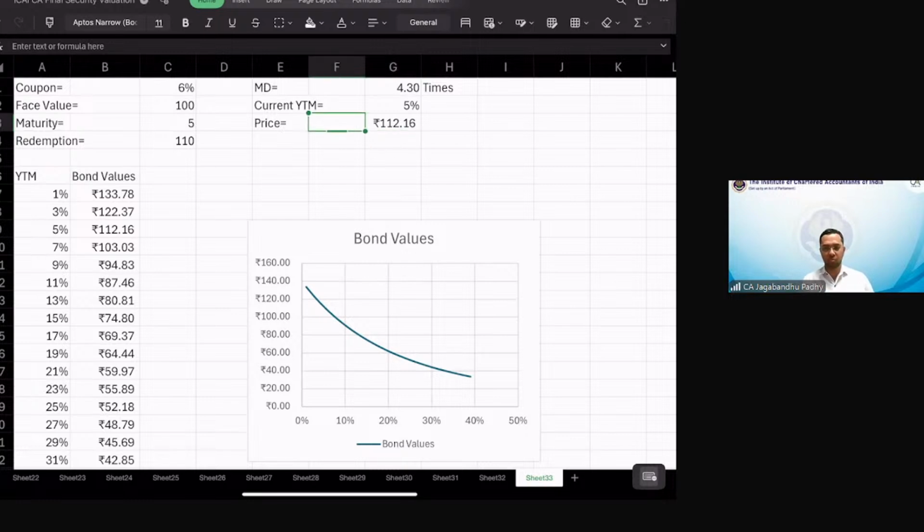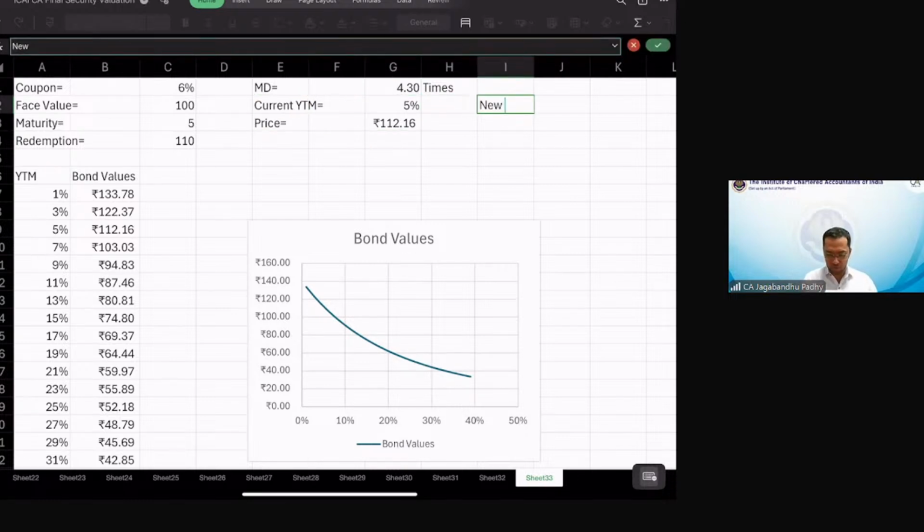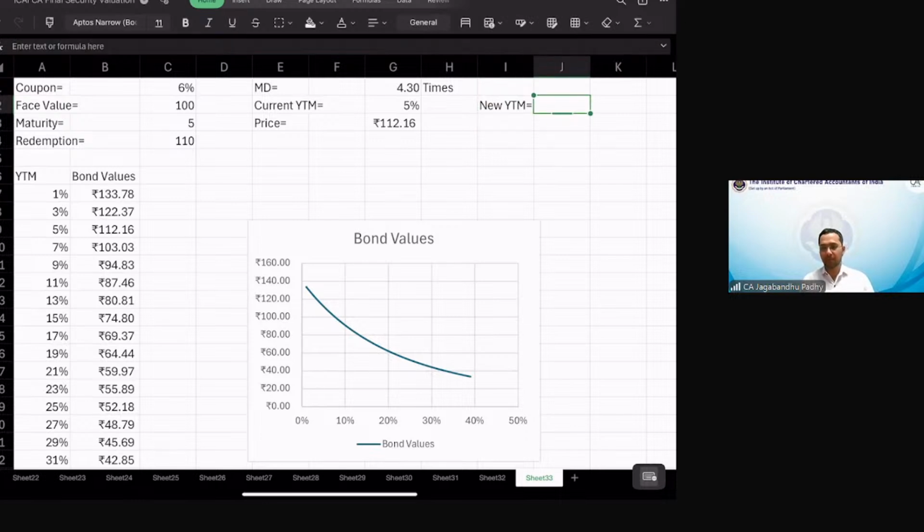Now, when I'm saying that YTM, let's take a new YTM. Suppose the new YTM is, to make it more prominent, let me take it as 11%. Okay. So what was the change in the YTM?